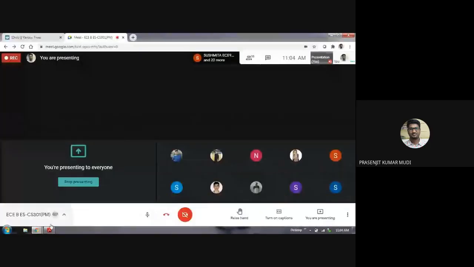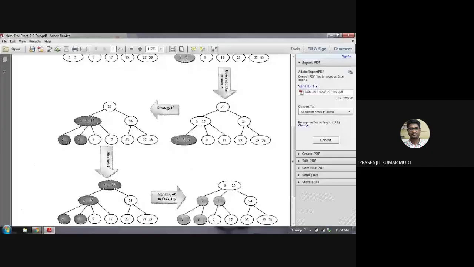So this is supposed to be a 2-3 tree. So again, this is valid. See, here the node in a 2-3 tree has 1-2 fields, right? So again, this is validating the 2-3 tree.